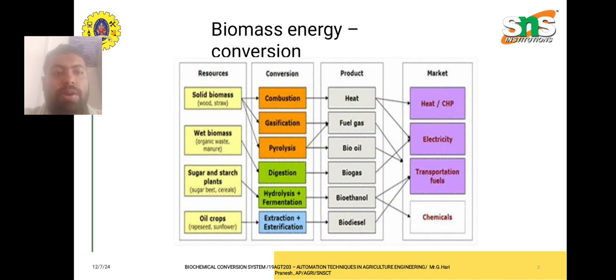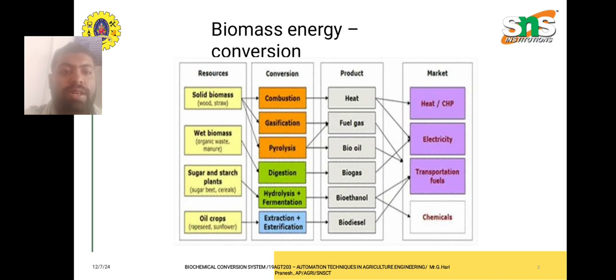In combustion, the product obtained is heat and CHP, and gasification and pyrolysis give fuel gas and bio oil, which can be used as transportation fuels. Combustion can also be used for electricity.